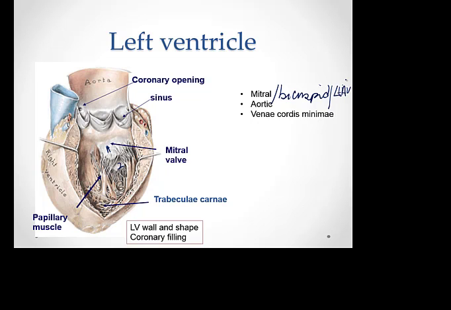So blood enters the left ventricle through this mitral opening, and then blood has to enter the aorta through this aortic opening. So this part here is the aortic opening.